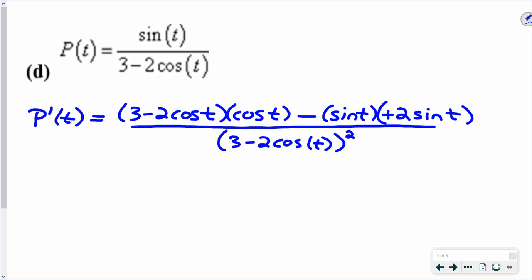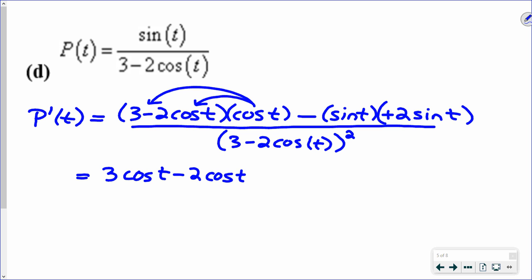Okay, now as far as the numerator goes, I would do like we did in the past. We could distribute the cosine, so we'll get 3 times cosine of t minus 2 times cosine of t. Excuse me, minus 2 times cosine squared of t, because cosine times cosine is cosine squared.